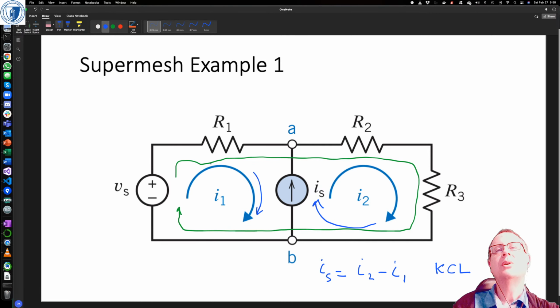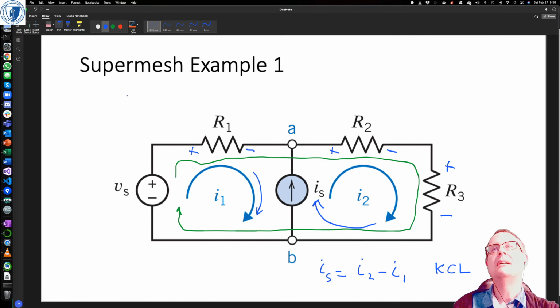So I1 and I2 are going round that way, so our polarity for I1 is like that, and our polarity for I2 is like that for the voltages across R1, R2 and R3.